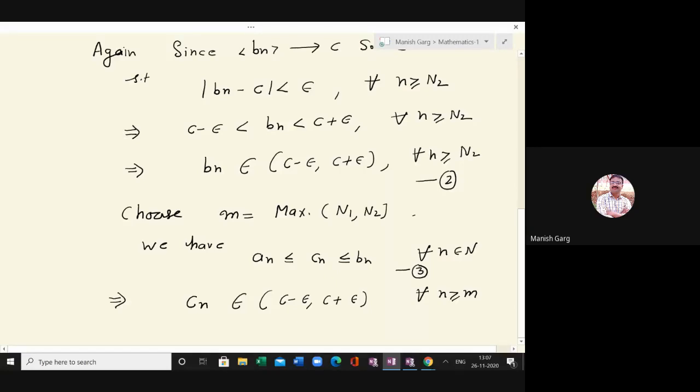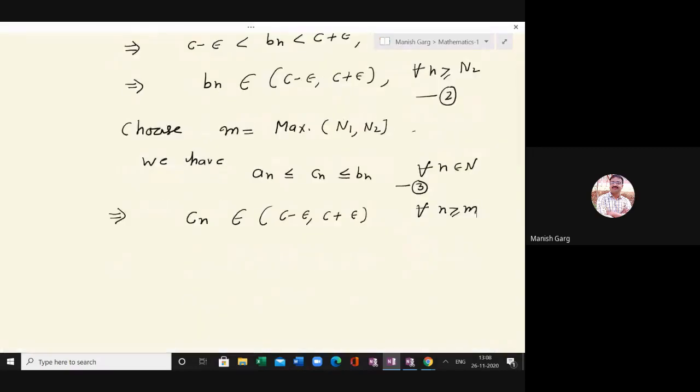Because 1 is true for n greater than n1, 2 is true for n greater than n2, and the third is true for all n. So simultaneously all three equations will be true for n greater than or equal to m. So the value of cn is greater than or equal to an and less than or equal to bn.